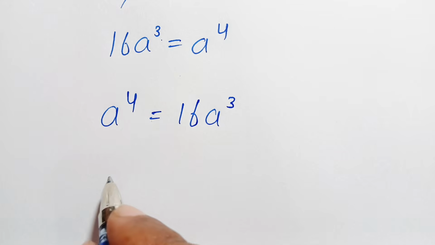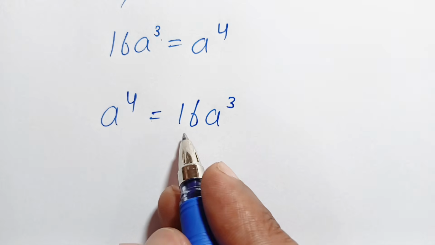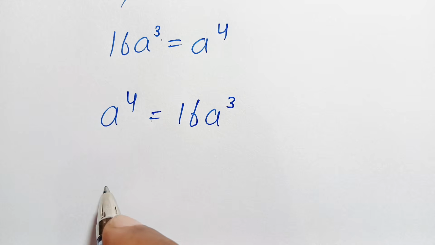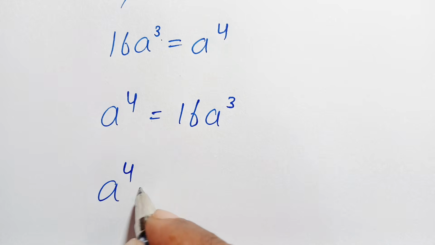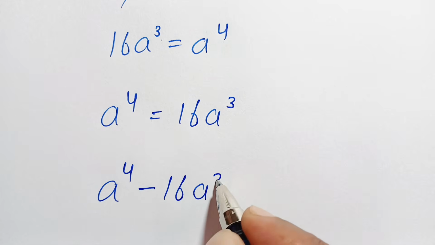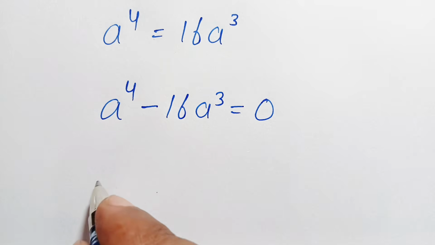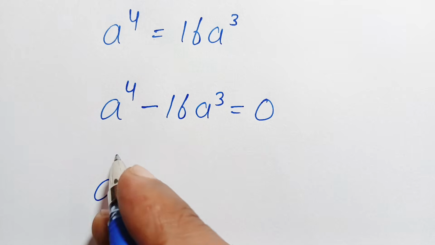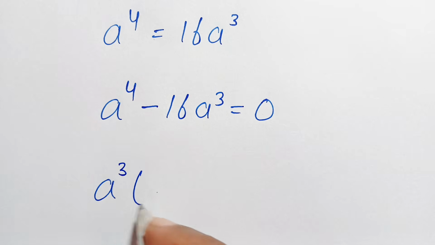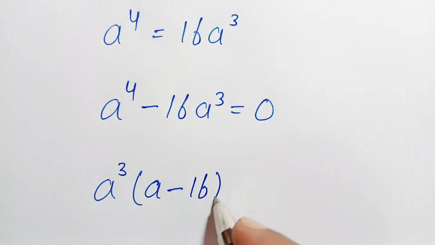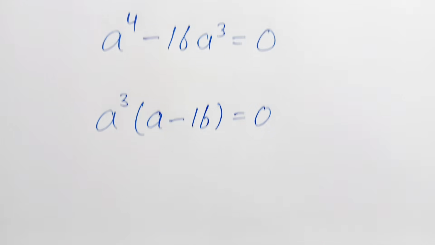Next, by rearranging, moving 16a cube from the right hand side to the left hand side, this becomes a to the 4 minus 16a cube equal to 0. Here, by taking the highest common factor, that is a cube, the left hand term is a minus 16, equal to 0.